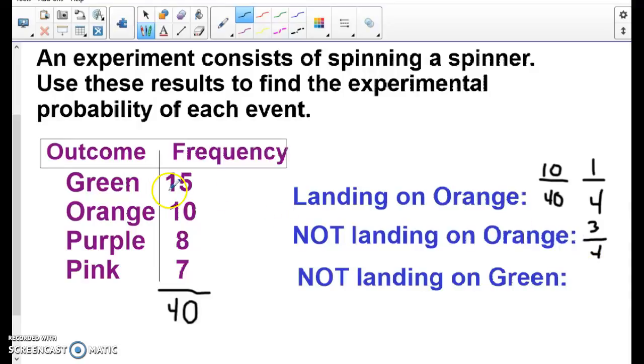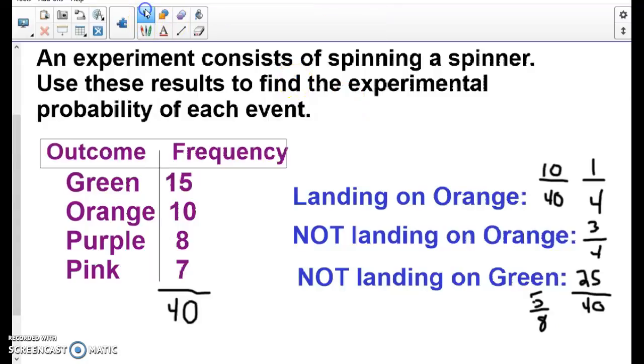And not landing on green: it did land on green 15 times, so it did not land on green 25 out of 40 times. We can even simplify that by 5 and say 5 out of 8 times it did not land on green. Sometimes with probability it helps to figure out what didn't happen to help figure out what did happen. It's kind of weird to think like that, but it's like crossing out answers on tests: if you know it's not A or B, that increases your probability.